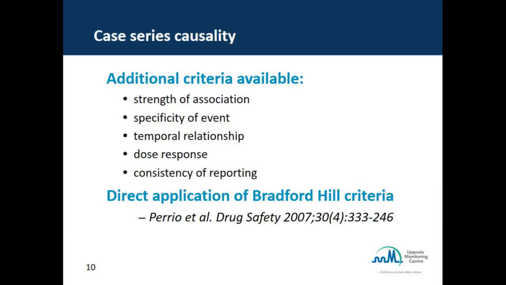Now, just like the other criteria, you don't expect to get yes to every one, and you won't always have the information, but they're a guide. So if we start with them, some of them were strength of association, how specific the event was, time relationship from starting the drug to onset, dose response, consistency of reporting. So let's go through each one.